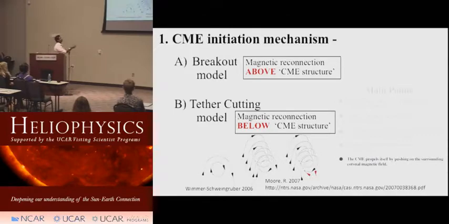In this diagram, I'll show you more pictures of it later, but if this is your CME, and this is an overarching field line on a macro scale much higher up, then the breakout model is talking about reconnecting field lines above, which means between points at this region. And the tether cutting model is predominantly about reconnection happening below, so that's at this location down here.